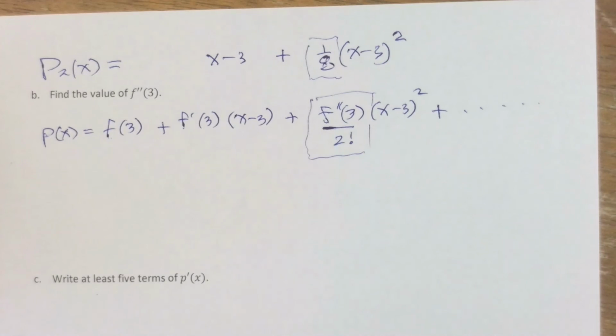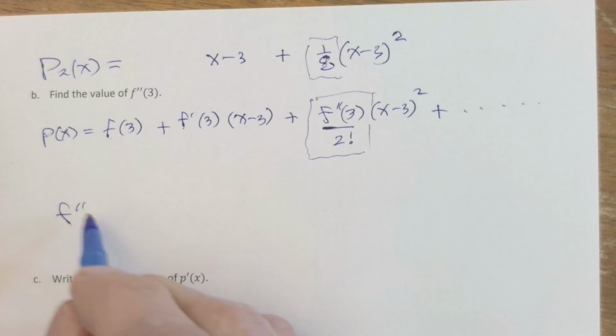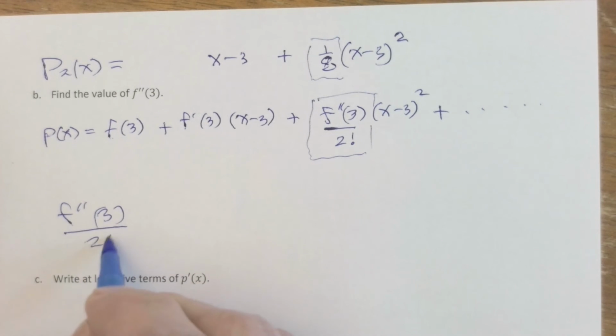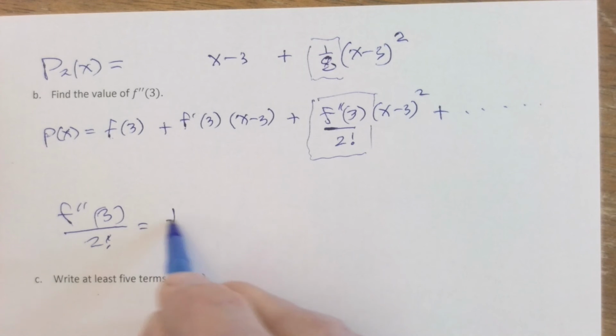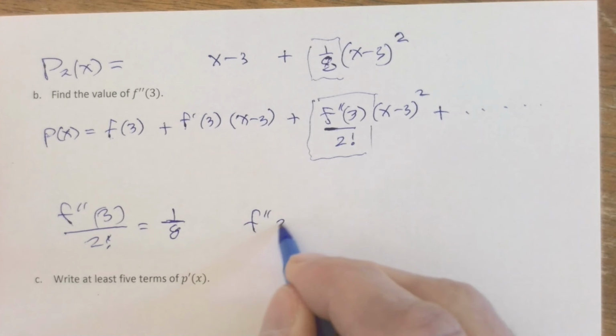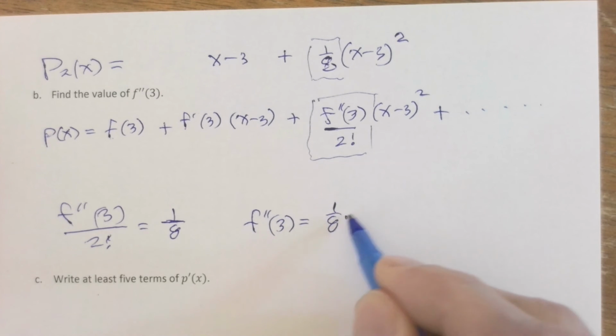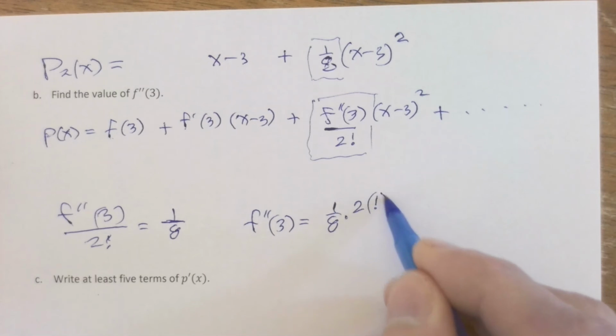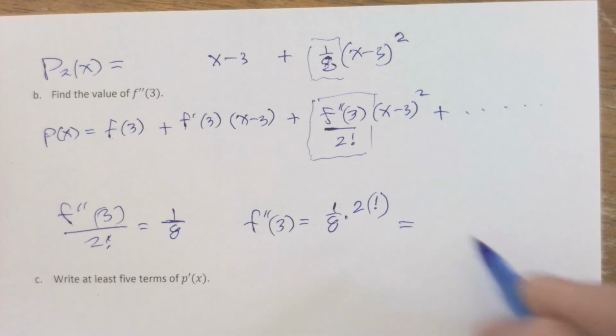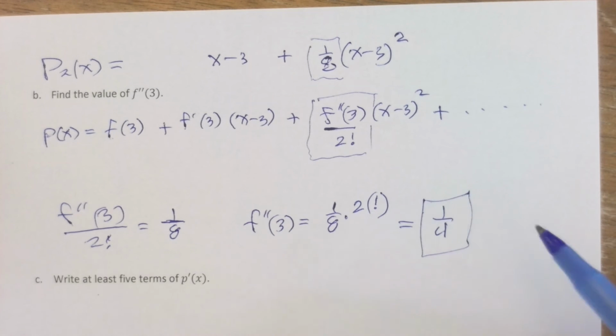Just set those equal. So f double prime of 3 over 2 factorial equals 1/8. Multiply both sides by 2 factorial, and f double prime of 3 is equal to 1/8 times 2 factorial, which just makes 1/4. And that is the value of f double prime of 3.